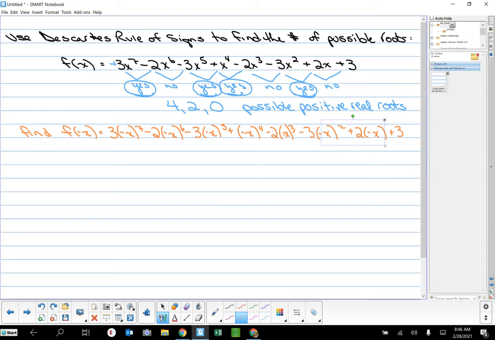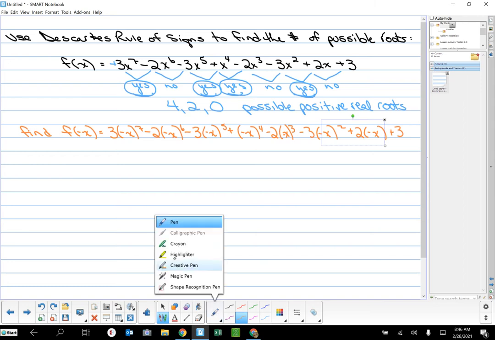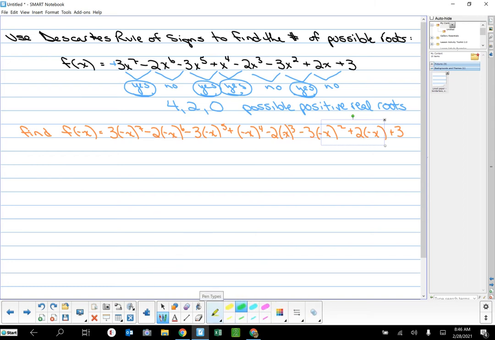All right, so here's what I maintained from earlier. If you have an odd exponent, then you have a negative inside your parenthesis. A negative times a negative is a positive, but a negative times another negative is still negative.